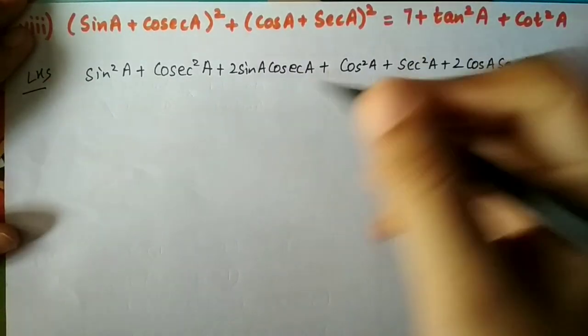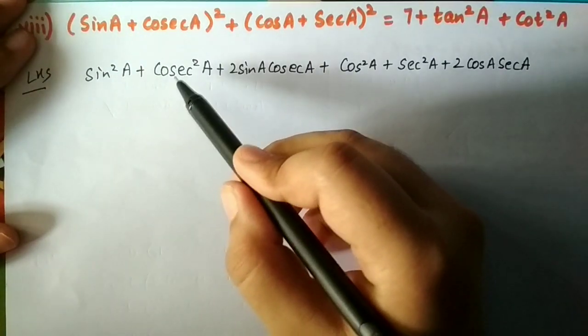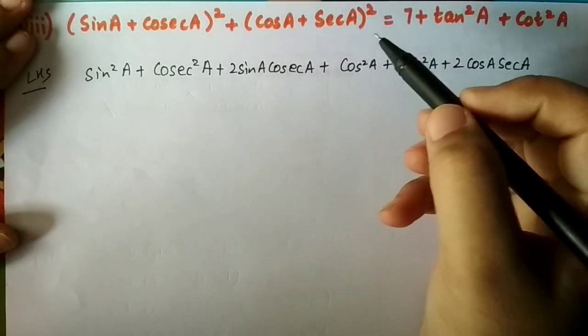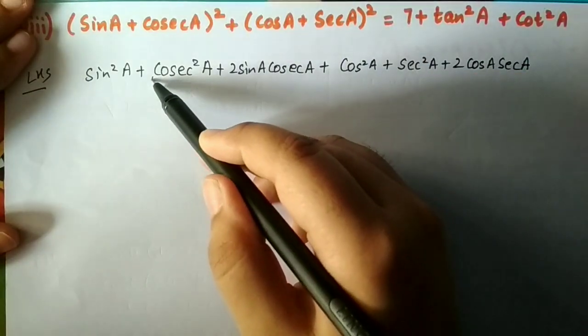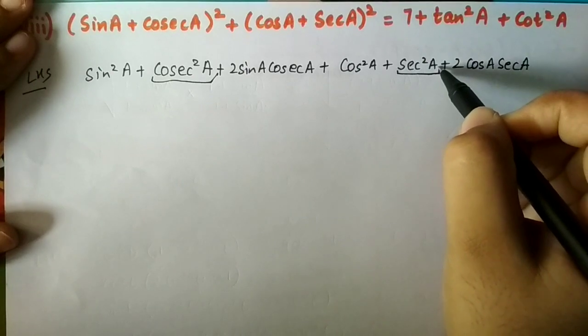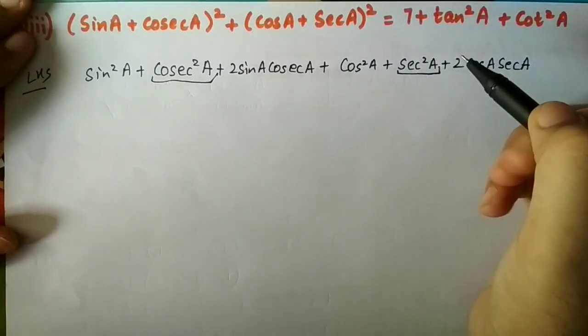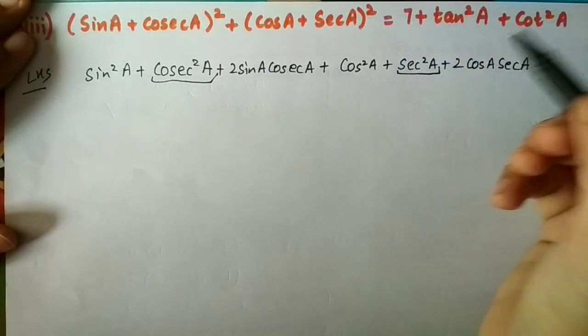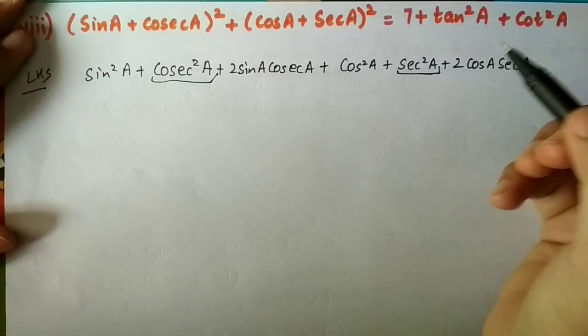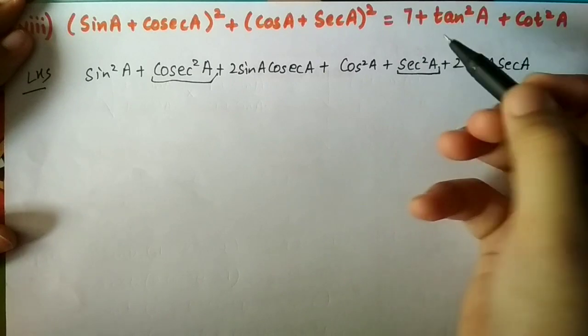Okay, now you will say that now we can convert into sin and cos. Yes, you will convert into sin and cos, but keep cosecant square a and secant square a as it is. Don't convert it into sin and cos, because the three identities that we have learned can be used here when we solve further.